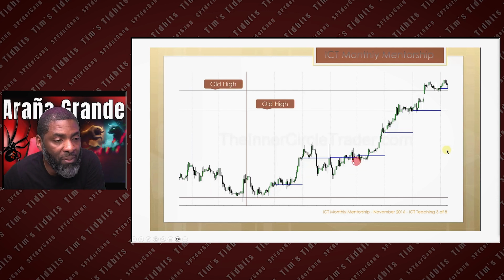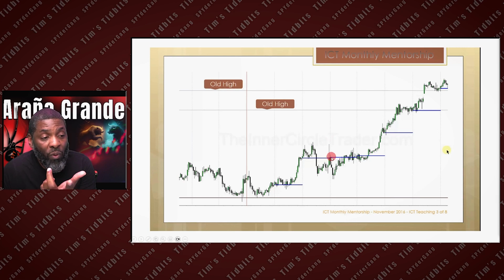For example, the blue lines on this chart, they represent the midnight open. As you see, whenever price comes below midnight here, we get displacement. Come below midnight there, we get displacement. We pull back into a discount, we get displacement. Right? We pull back below a low, right?